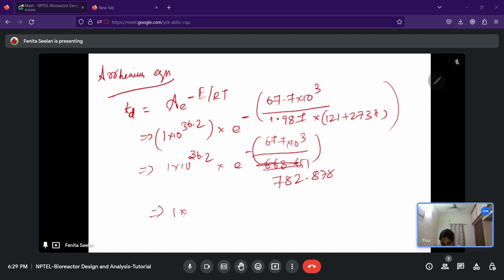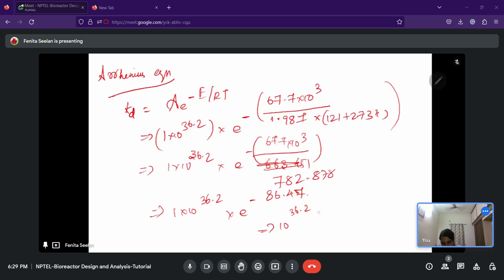Plus 110 power 36.2 into e power of minus 86.47. If you do this, what would be the answer? What is the value of e power of minus 86.47?